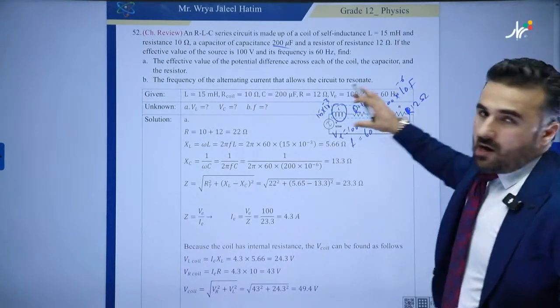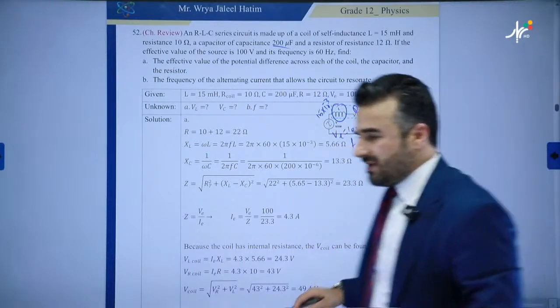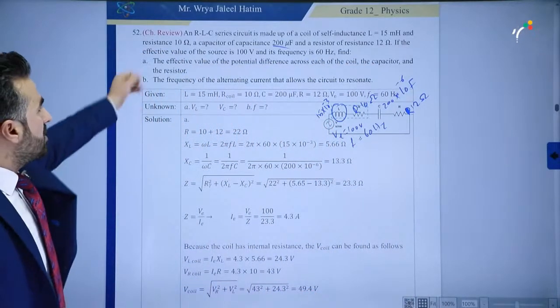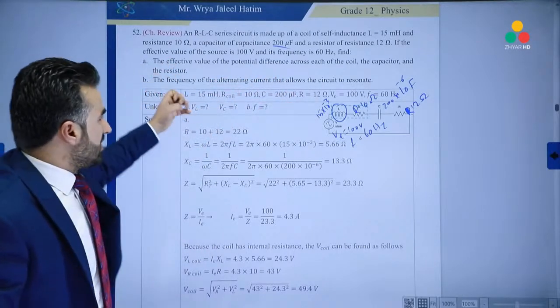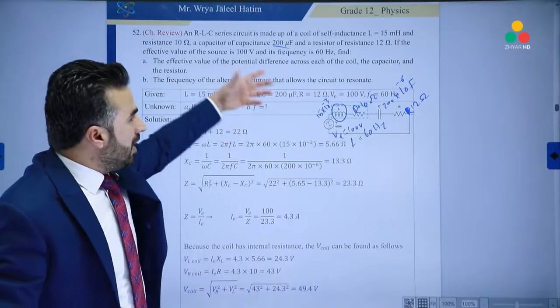Now since you have all this information, you pretty much have an idea how to solve any question that they ask you. So the effective value for the potential difference across each of the coil, the capacitor, and the resistance. How do you find the effective value of the potential difference across each one of these?